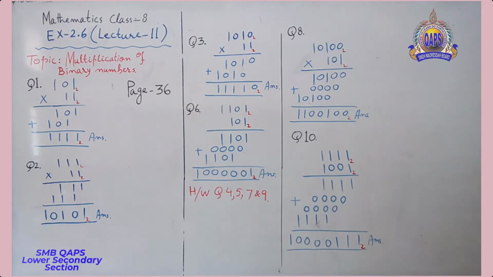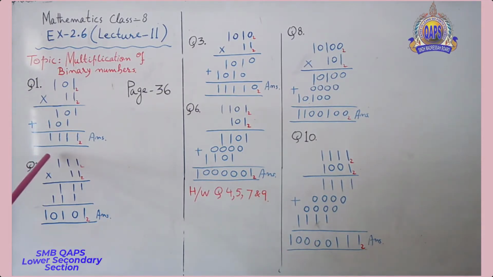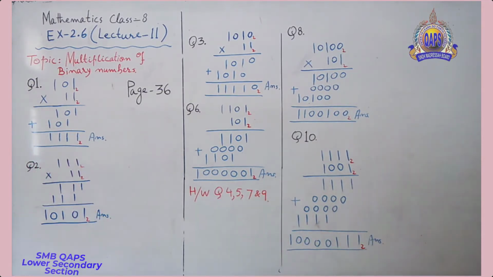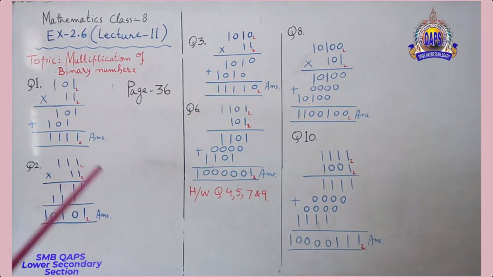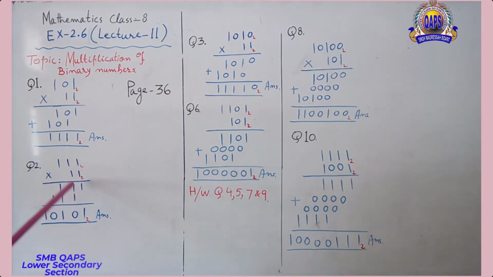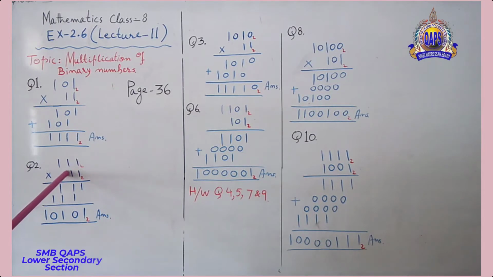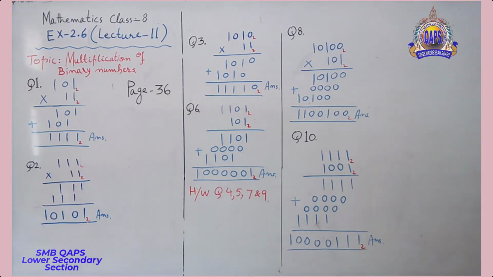And now pay your attention towards question number 2. 1 multiply by 1. When you multiply by 1, it will be 1. Now multiply by this one. Left hand side, leave 1 digit. Start writing from here. 1 plus.